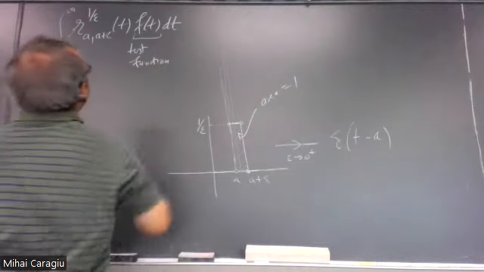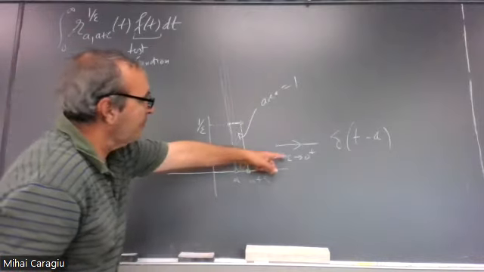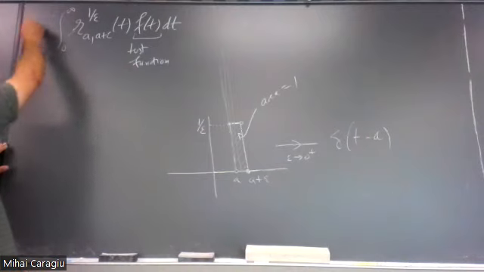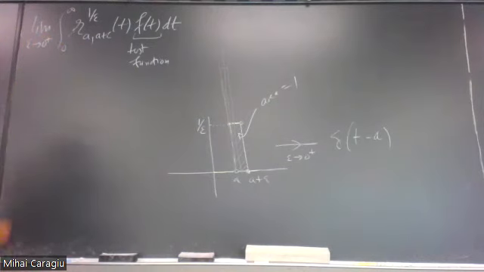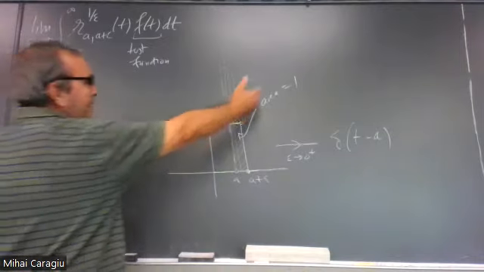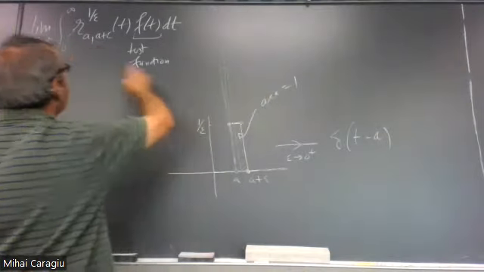Let's see what we get. Because we want epsilon to approach 0 plus, we are really interested in the limit when epsilon approaches 0 plus. So the limit as epsilon approaches 0 plus of the integral from 0 to infinity of the rectangular signal from a to a plus epsilon, height 1 over epsilon, which means we always preserve the area 1.